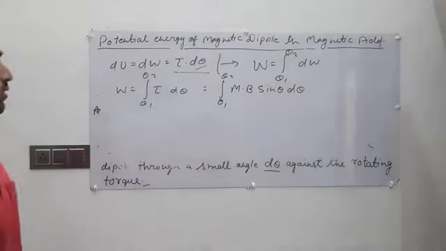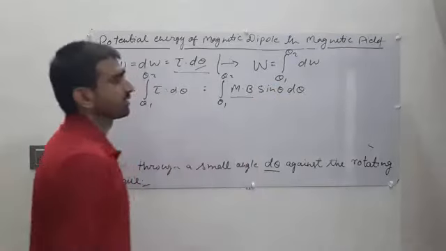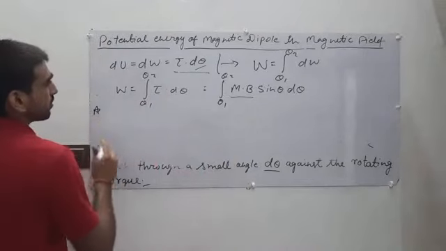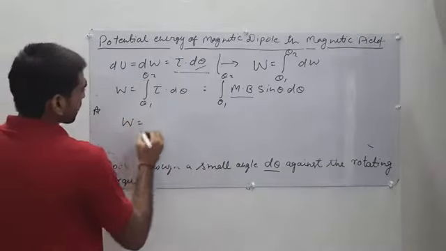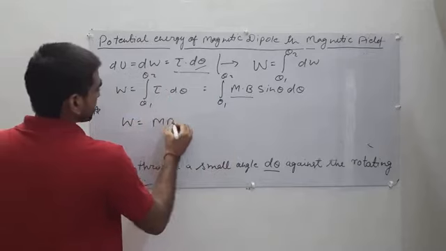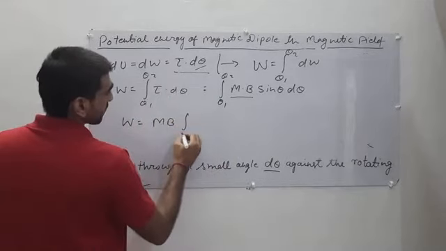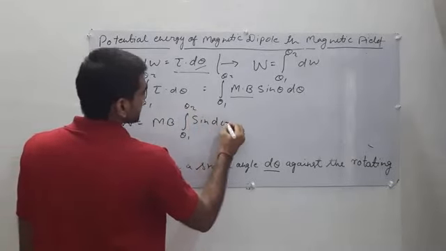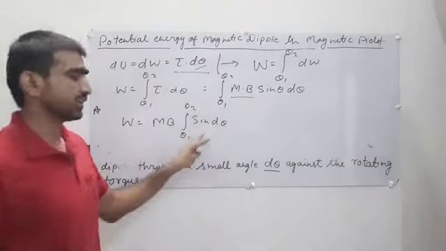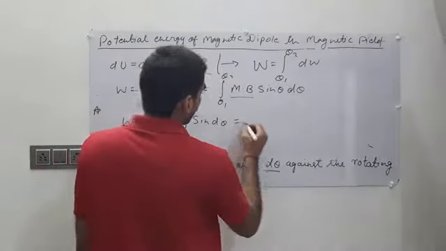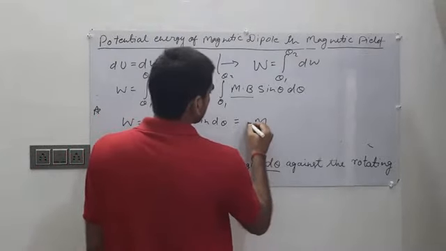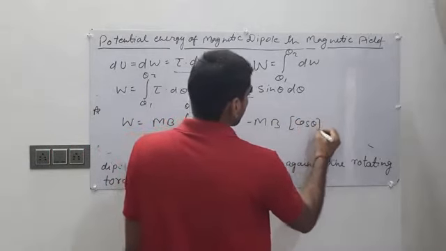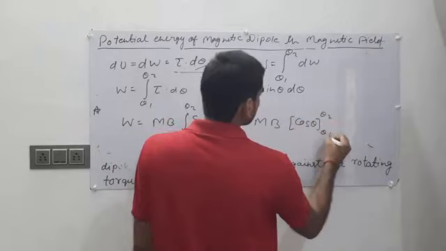Now these are constant, that means we can take them out. That means W equals m into b times the integral of sin theta d theta. If we integrate sin theta, we get minus cos theta. That means W equals minus mb cos theta, evaluated between theta 2 and theta 1.